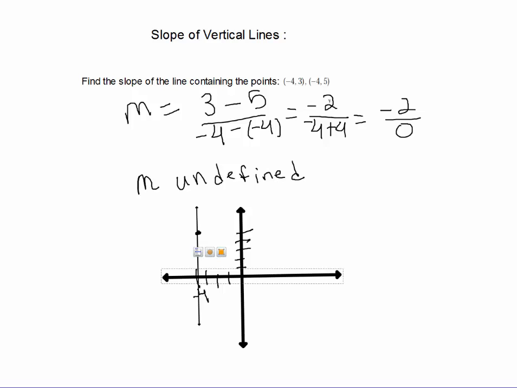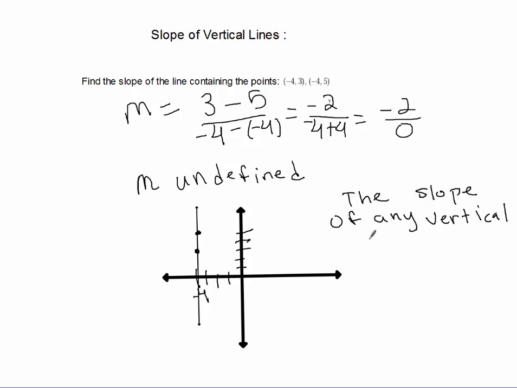So let's write that down as a note. So the slope of any vertical line is always undefined.